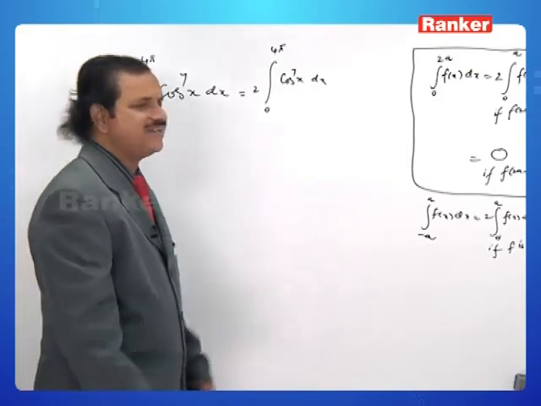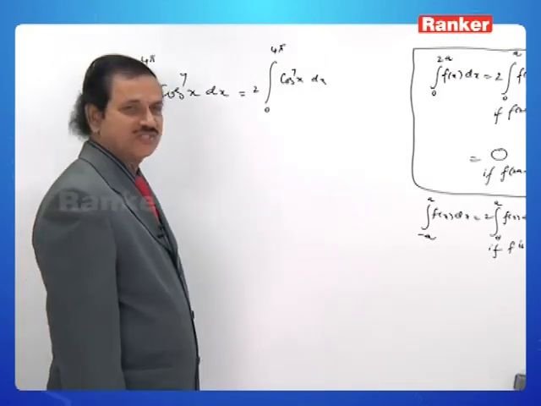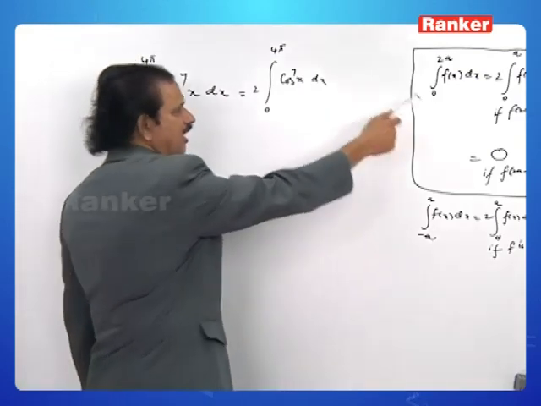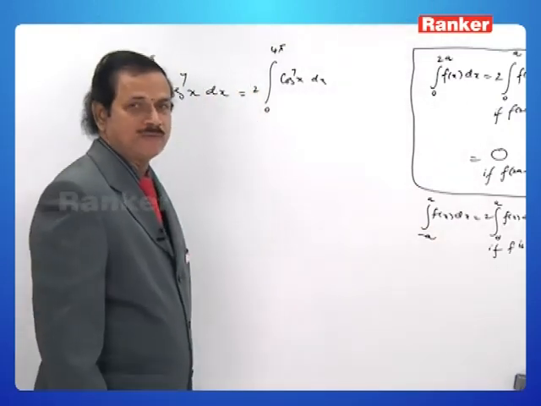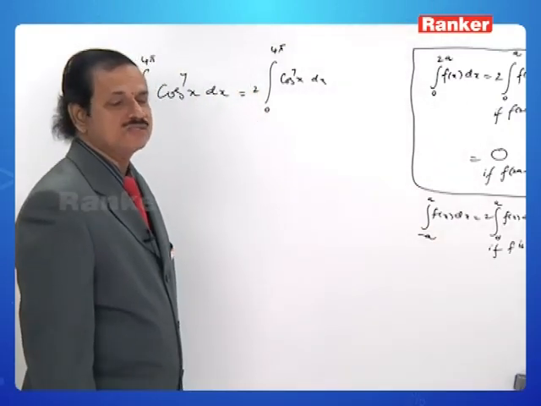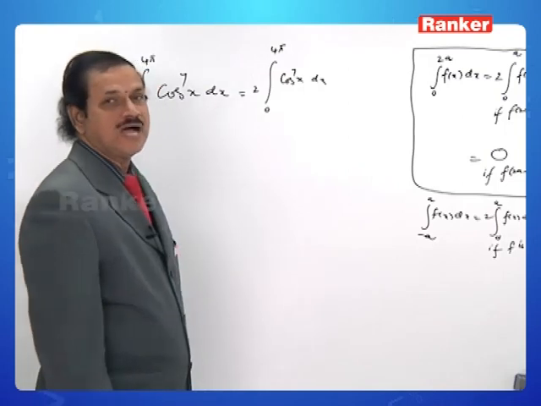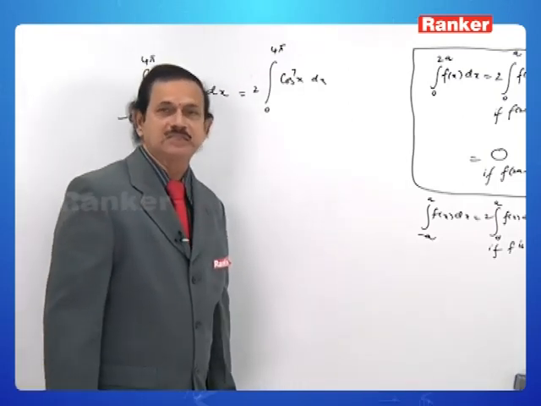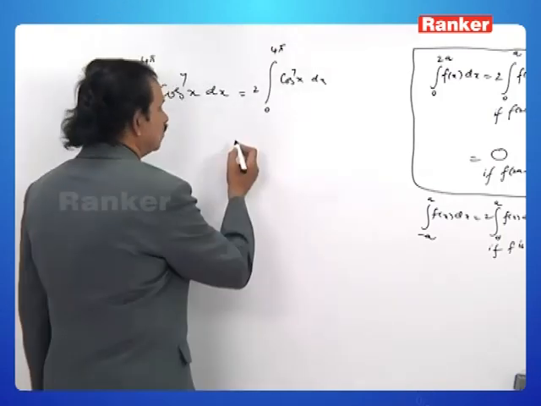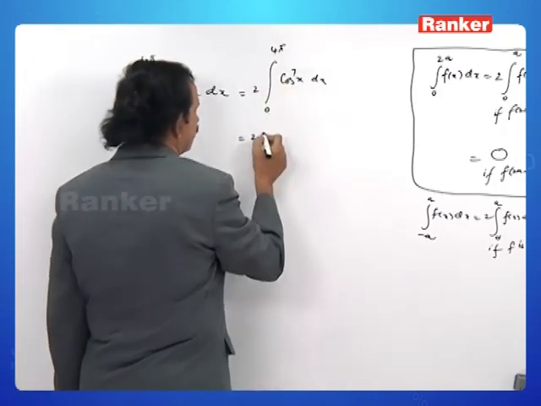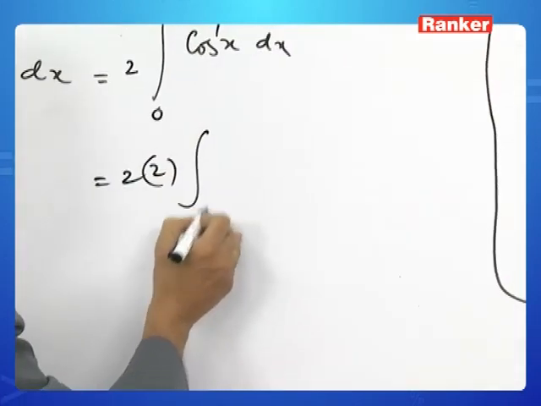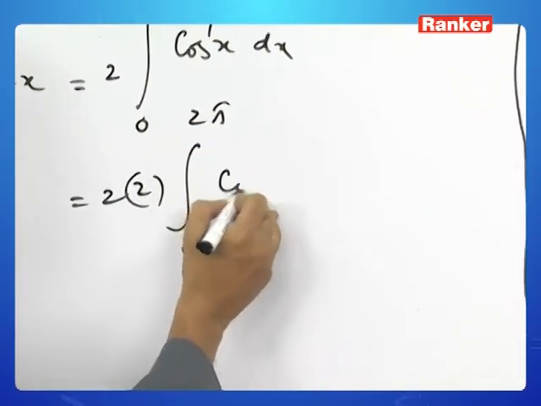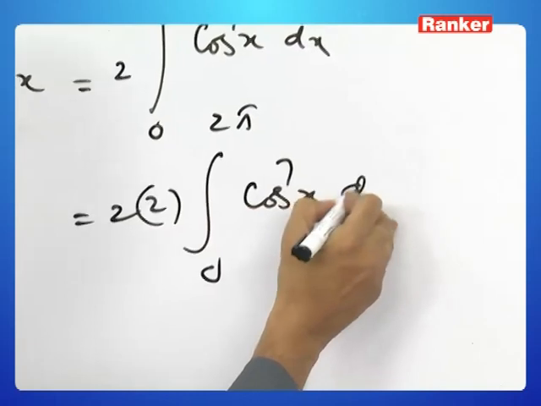So no more changes at all. So you decide whether the first case or second case is to be applied. Which is to be applied? The first case, because we could observe no change at all if you consider f of 2a minus x, isn't it? Well, and we can pull out one more 2 so that it becomes 0 to 2 pi cos power 7x dx.